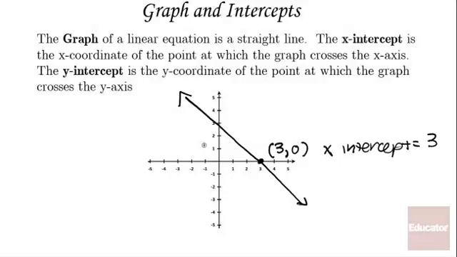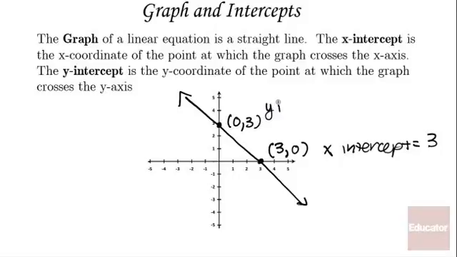Looking at the y-intercept. The y-intercept is the y-coordinate of the point at which the graph crosses the y-axis. So here, the graph crosses the y-axis at 3. So my y-intercept is going to be at the point 0, 3.